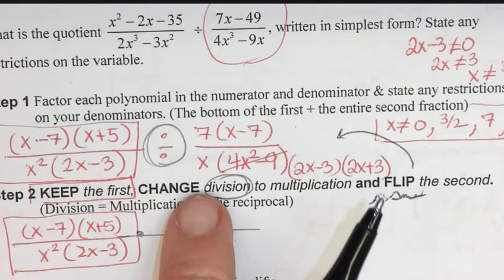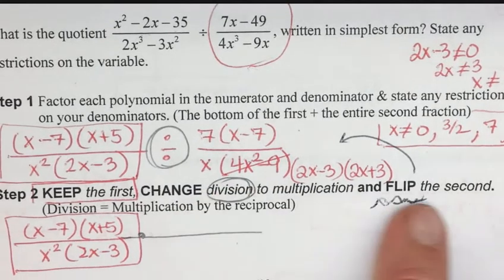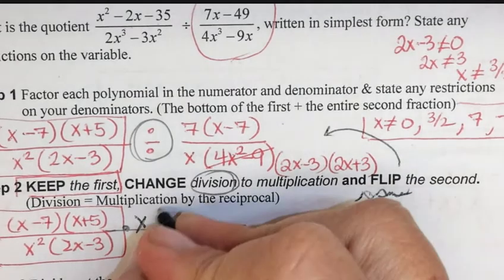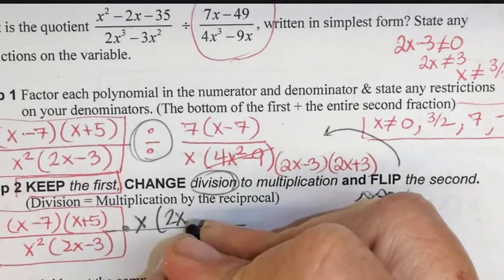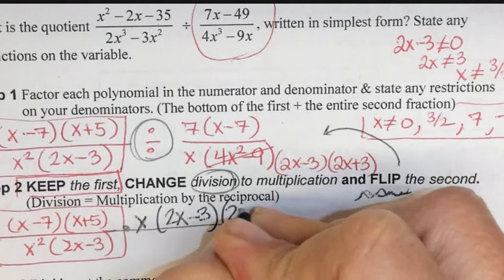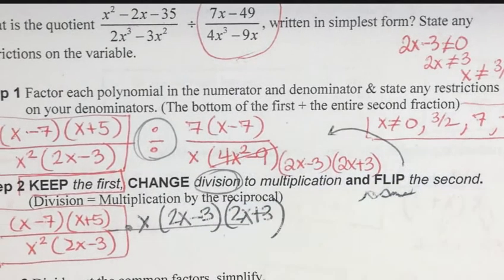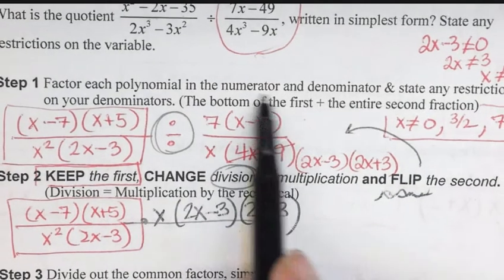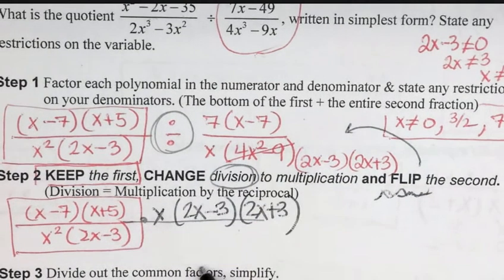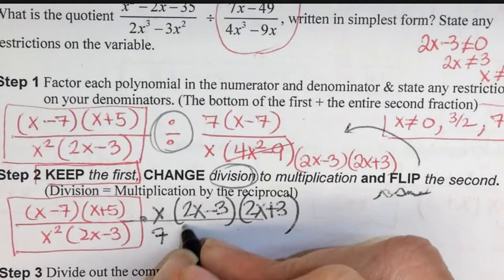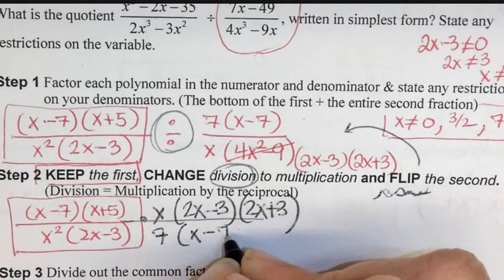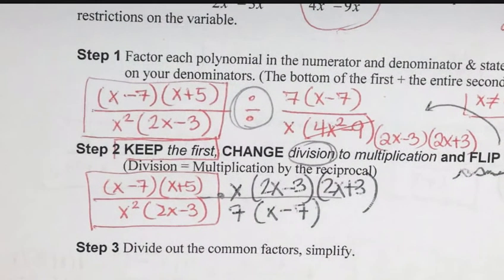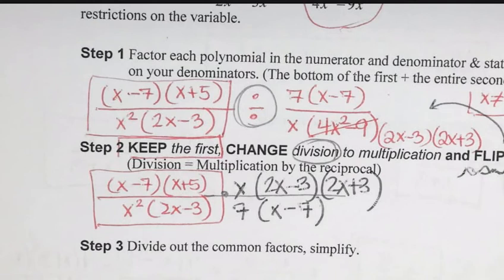So all of this mess that was originally in my denominator becomes my new what? Numerator. So the 2x minus 3, the x, and the 2x plus 3 all move upstairs. And my old numerator of my divisor becomes my new denominator, joining the bottom. Now, it's important to do your restrictions before you do that, just so you don't miss anybody.